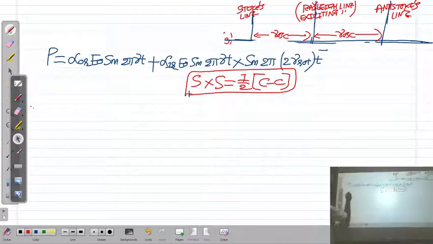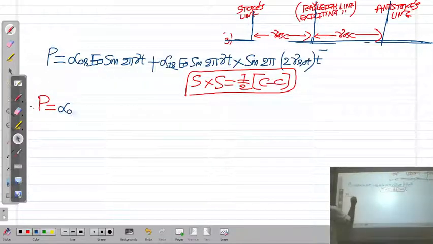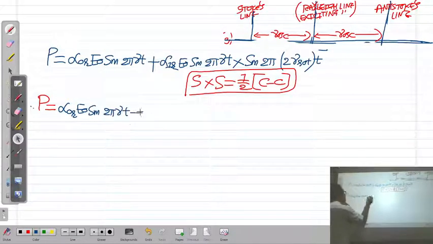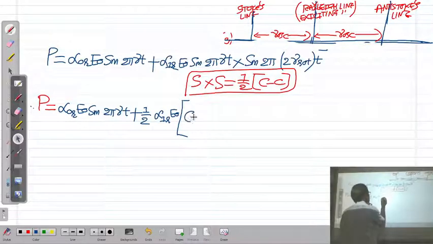So the induced dipole moment in a rotating molecule P comes alpha 0 E0 sin 2 pi nu t plus 1 by 2 alpha 1 E0 into bracket cos.